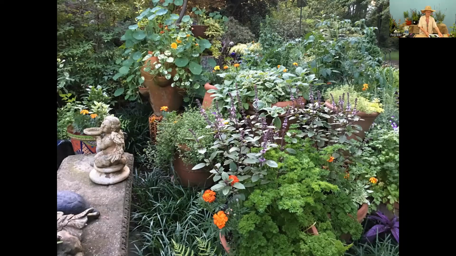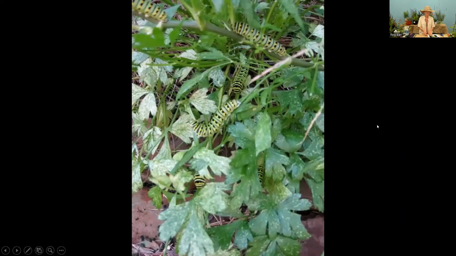And talking about the various herbs, this is parsley. In that garden that's on the slope of the retention pond, I always seed in parsley, so that there's a lot there for the caterpillars, because this is the host plant for the black swallowtail.